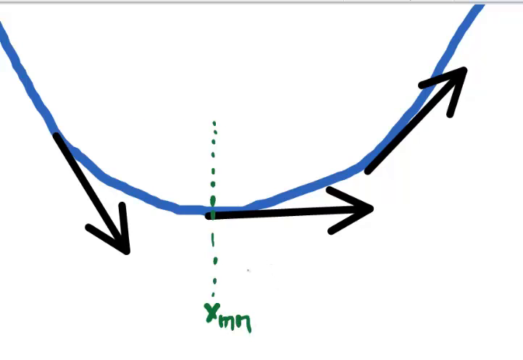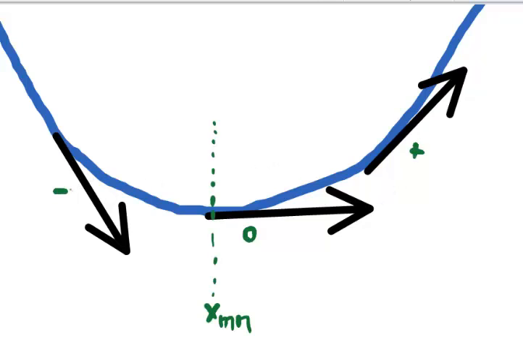So around the minimum point, the slope of the tangent before minimum, y is decreasing, the slope of the tangent is negative. At minimum, it is 0 because dy by dx is the slope of the tangent, which is parallel to the x-axis obviously. And after the minima, as x increases, the slope becomes positive, or y starts increasing with x.